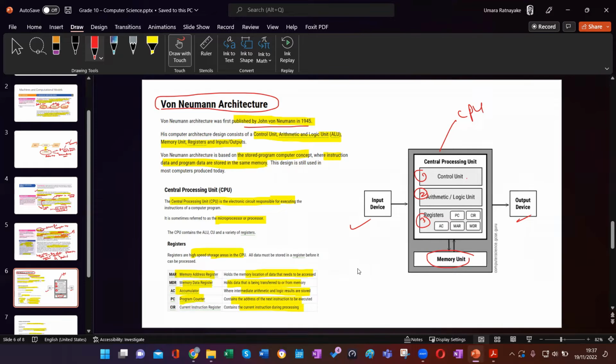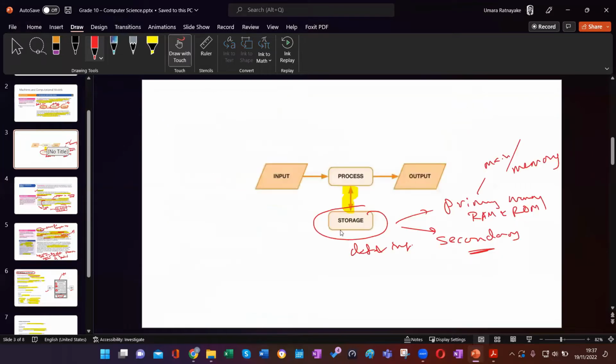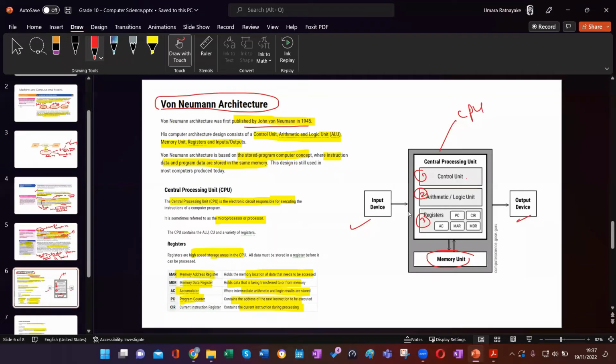Earlier we talked about storage, with two examples: primary memory and secondary storage. But in this diagram, remember, you can see this unit is directly communicating with the CPU.